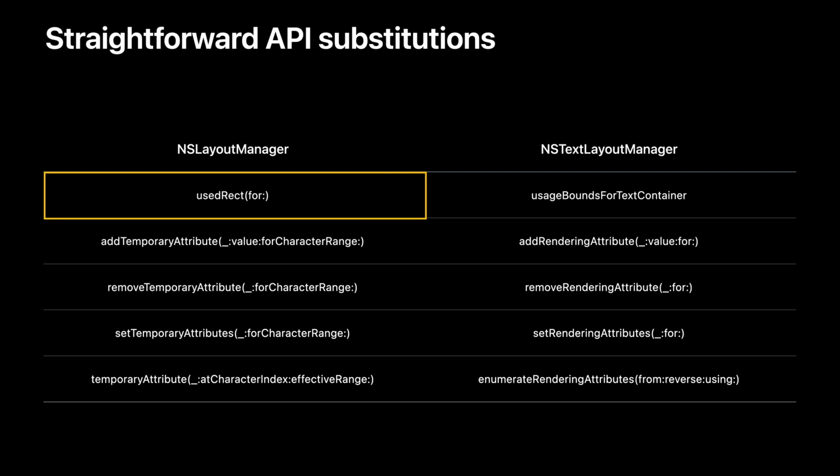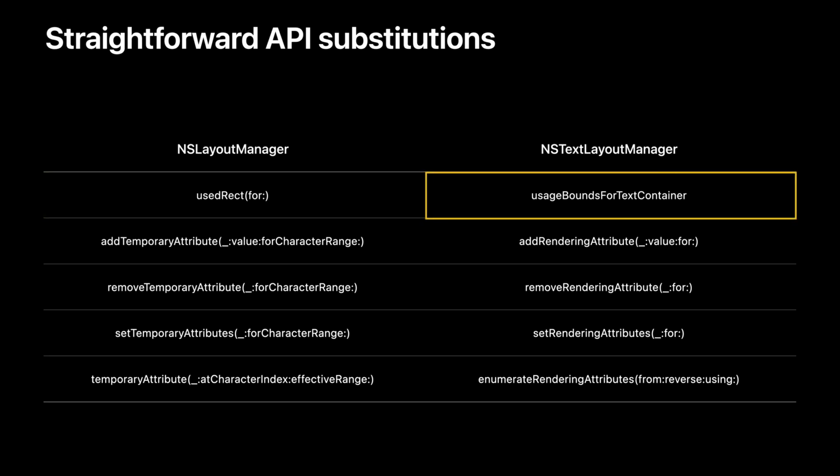Here are a few examples. In TextKit 1, you call usedRect(for: textContainer) on NSLayoutManager to get the bounding rectangle for the text inside a text container. In TextKit 2, you get this from the usageBoundsForTextContainer property on NSTextLayoutManager.